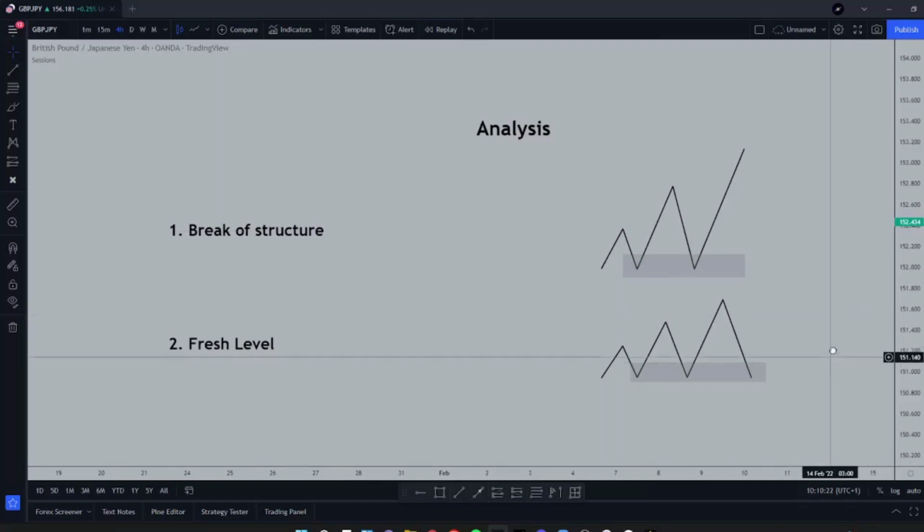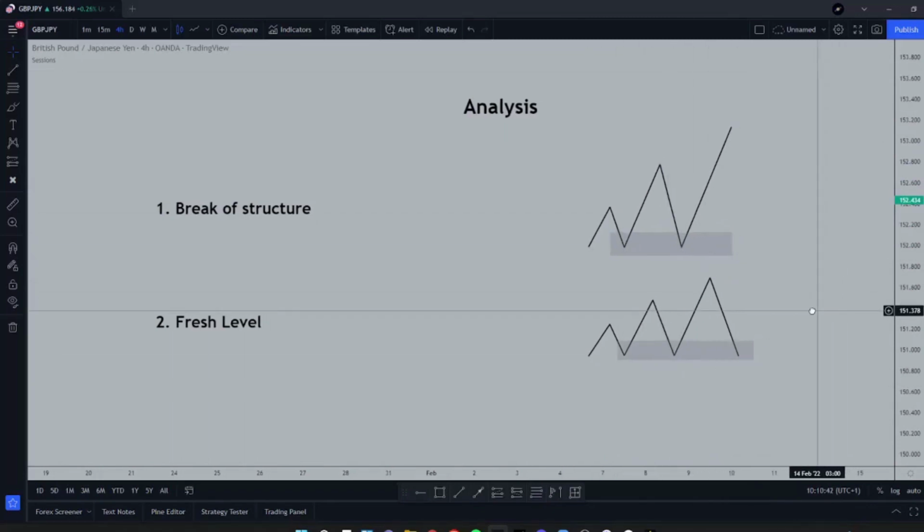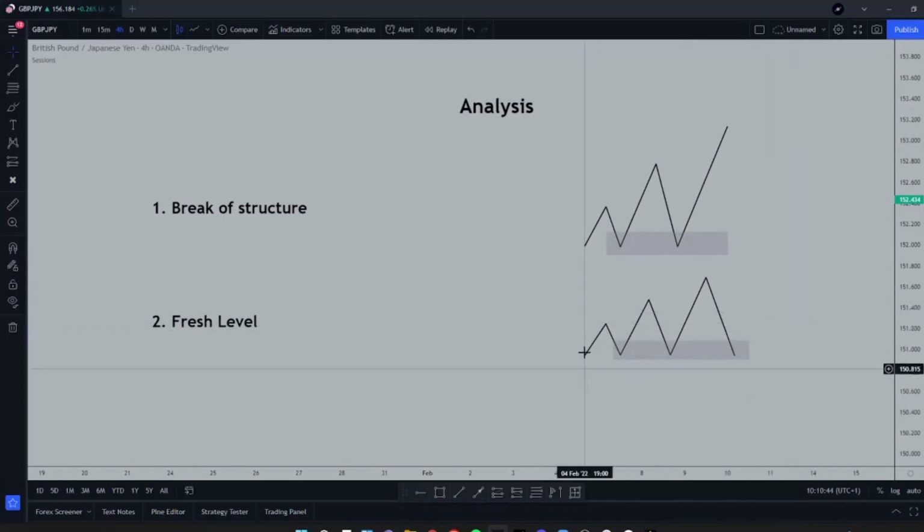Second of all, we want to see fresh levels. What does a fresh level mean? A fresh level is a level that hasn't been touched yet, like in this scenario. This would be the move, then you extend to the right and wait for price to come back, and this would be the fresh level since it's the first time it enters the zone, and then it keeps moving. Now here is the exact same scenario as above.